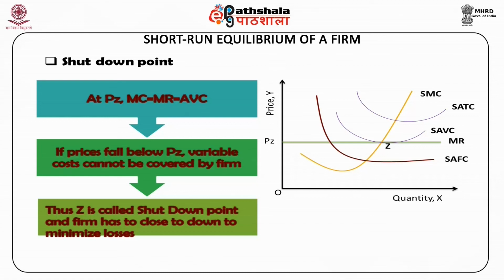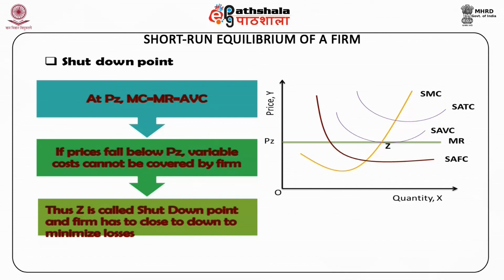The point Z in the figure shows the level at which revenue covers the variable cost. At this point, the marginal cost is equal to the marginal revenue, which is equal to the average variable cost.